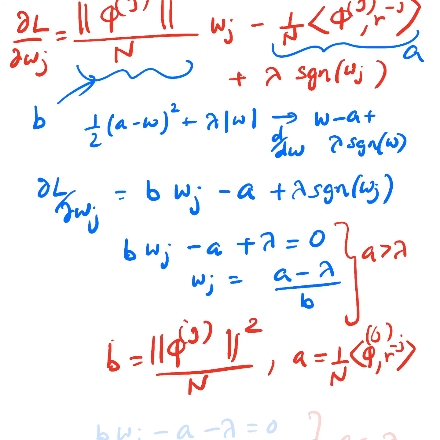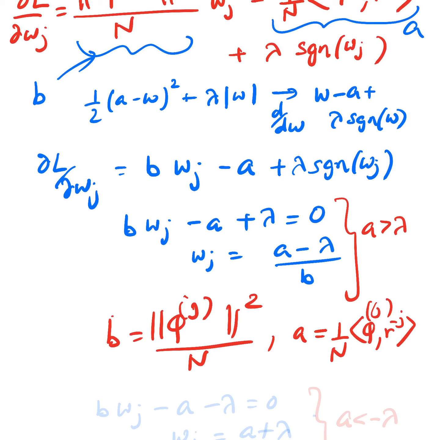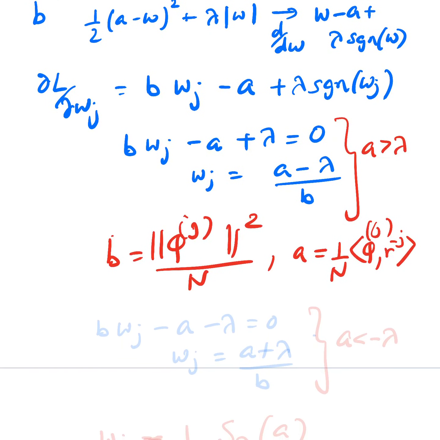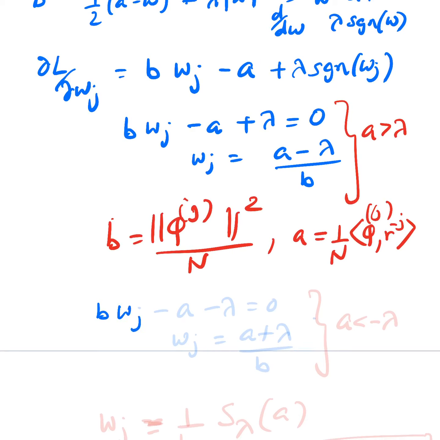Similarly, if wj is negative, then I'll have b wj minus a minus lambda equals 0, and so wj will be equal to a plus lambda over b, which is less than 0 only when a is less than minus lambda.